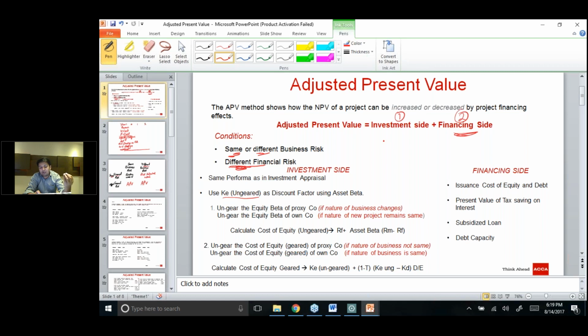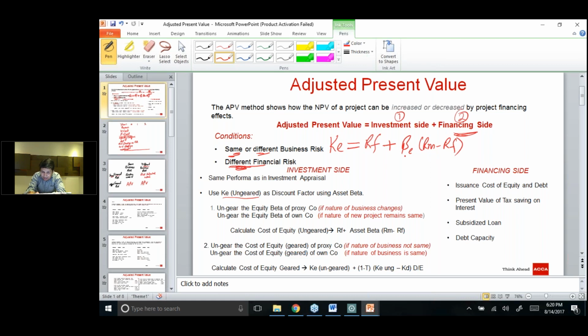As we exclude the debt and equity from the WACC, we will be left with the cost of equity. And in the cost of equity, we know that there is financial risk in the beta. If we remove that financial risk from the beta, then we will have only the asset beta. As we know, cost of equity is equal to risk-free rate plus beta equity times return on market minus risk-free rate.